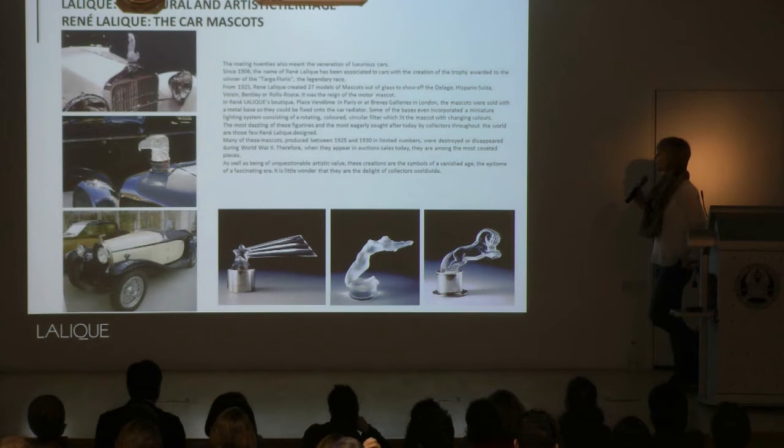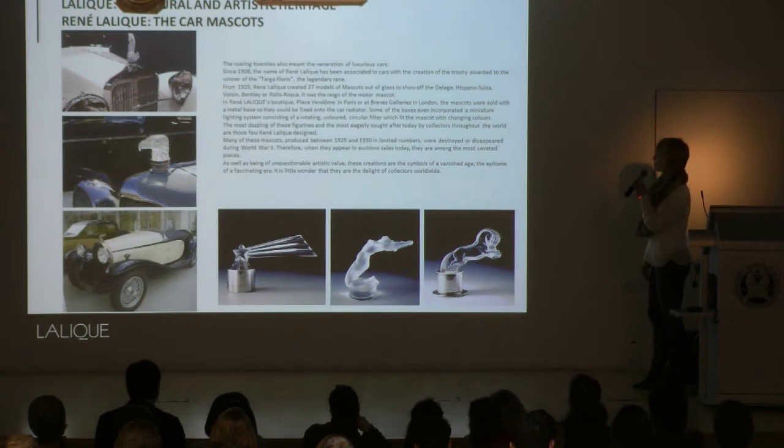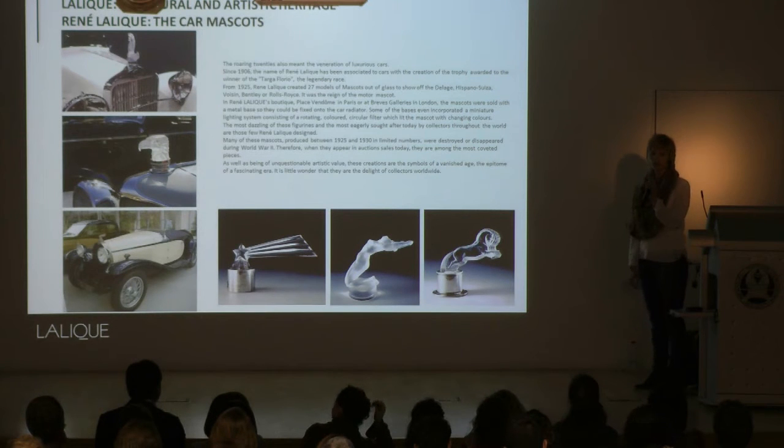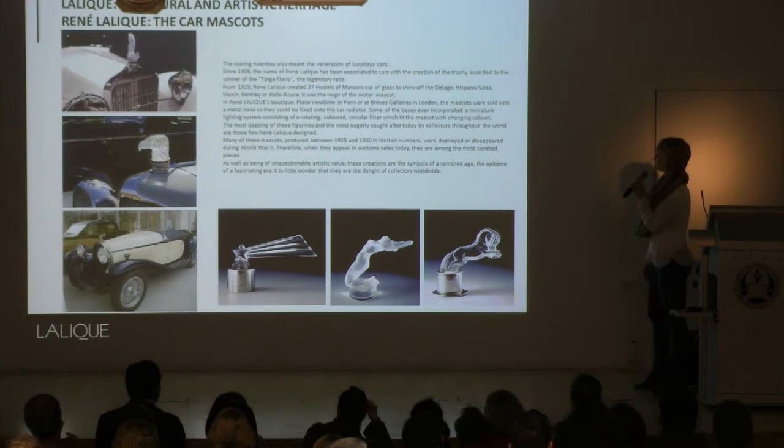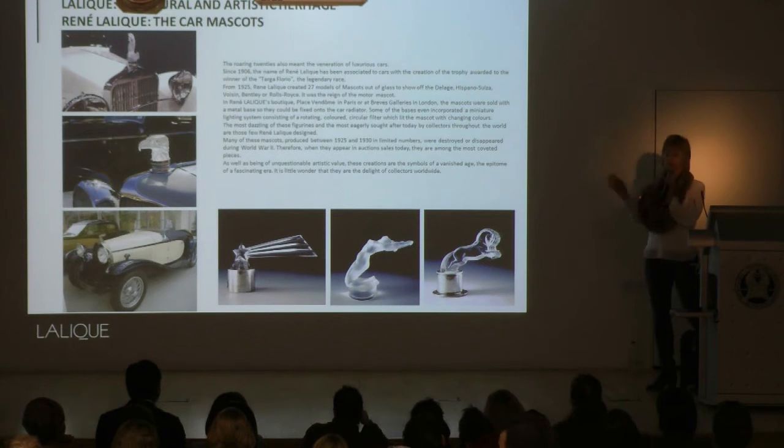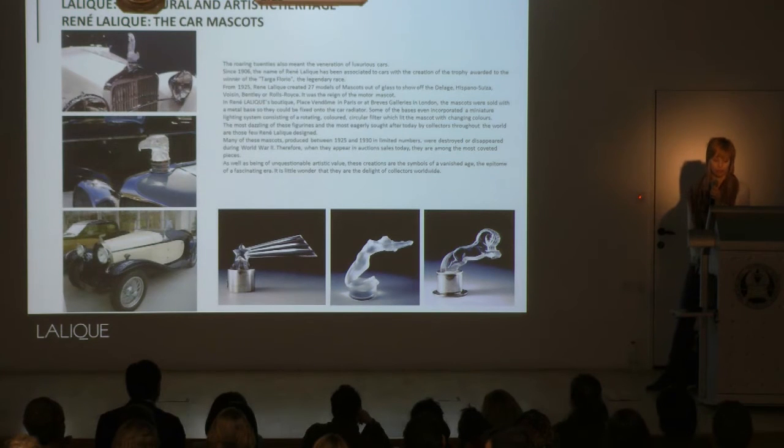As he was the specialist at that day to create crystal pieces, he was creating mascots for the cars also. And those pieces are still very much sought after today. There are still auctions going on at Sotheby's or Christie's, which sell those pieces for very high prices.